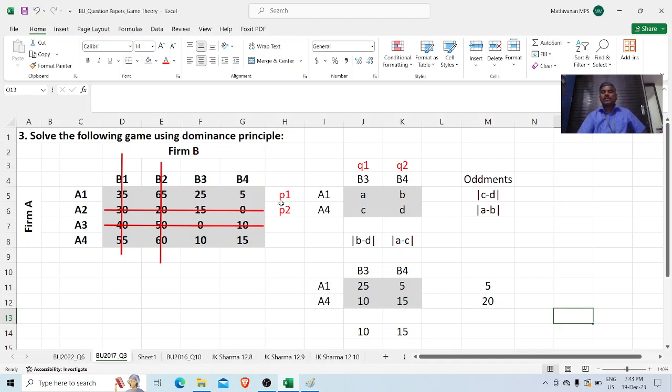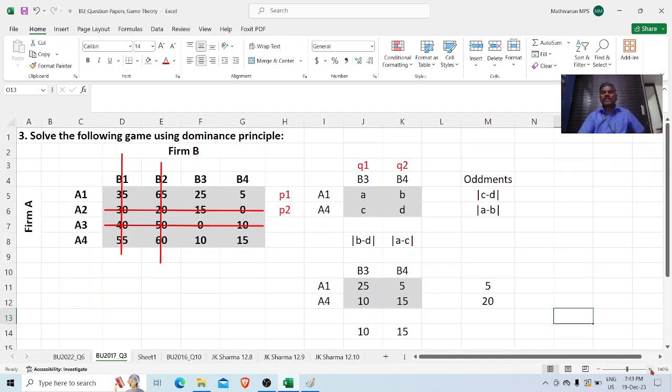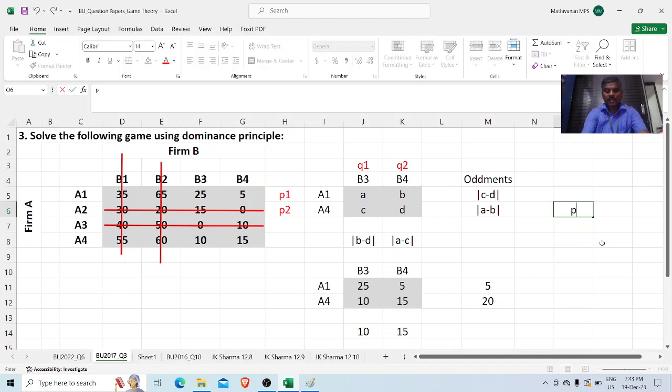of strategy A1 and A4, and the probabilities of using strategy B3 and B4. For that, we have a simple formula. We can easily remember the formula. P1 is equal to, write P1 here.